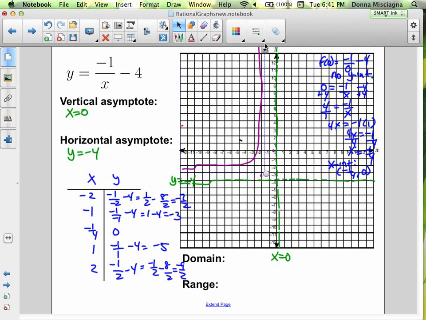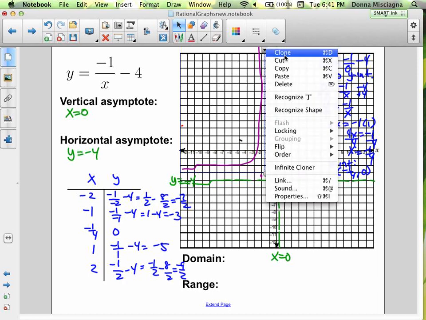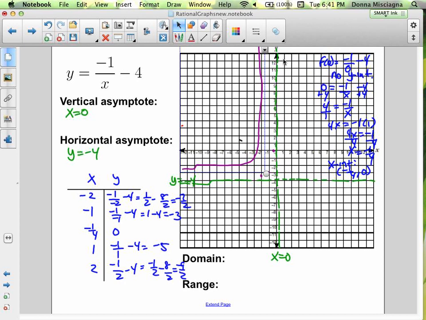And it's just getting closer and closer to the vertical asymptote. Maybe I can do that a little nicer. Let me try that one more time. Good enough. All right, and then our last 2 points, 1, -5, and 2, -4.5. And then there we go.